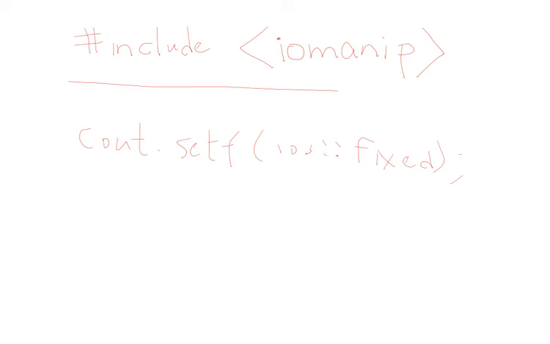Then you do cout.precision. Precision basically indicates how many decimal places you want. Let's say I want 5 decimal places, I will put 5 and a semicolon. So you need these two lines, and then you could go ahead with your cout, with your display.